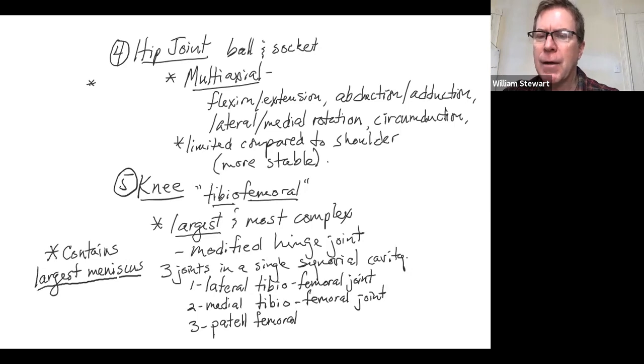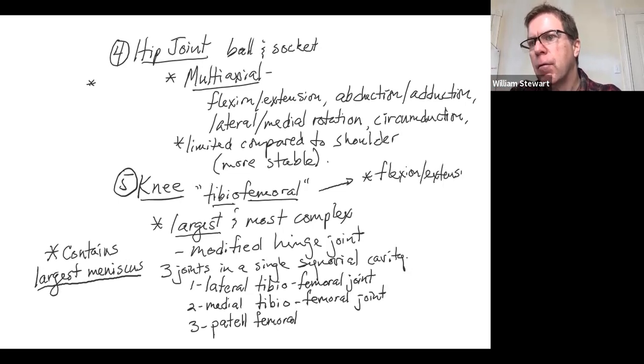Before I leave the knee, I don't want to call up a new whiteboard. I'm just going to do the movements over here to the side. So we're talking about the knee joint. The movements would be flexion, extension. Those are the major movements of that modified hinge joint. Slight medial rotation.